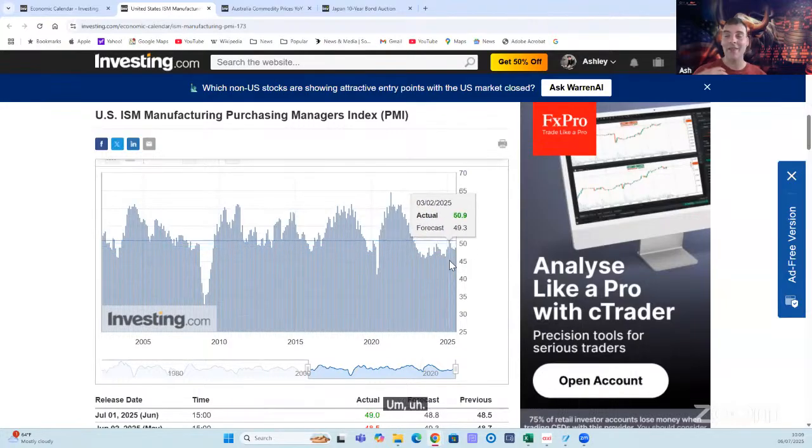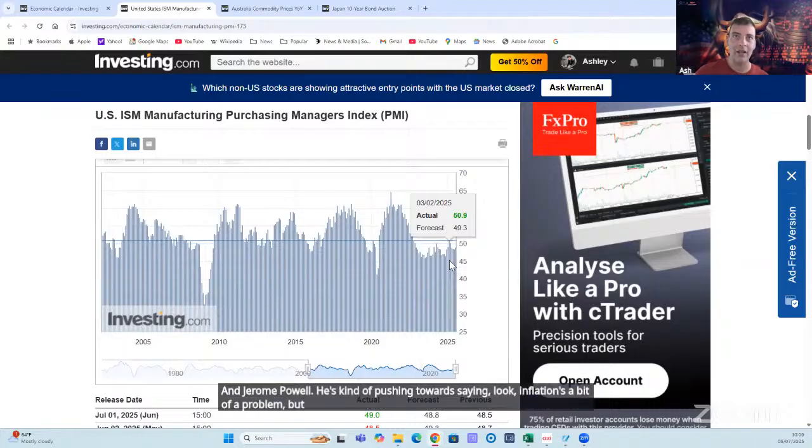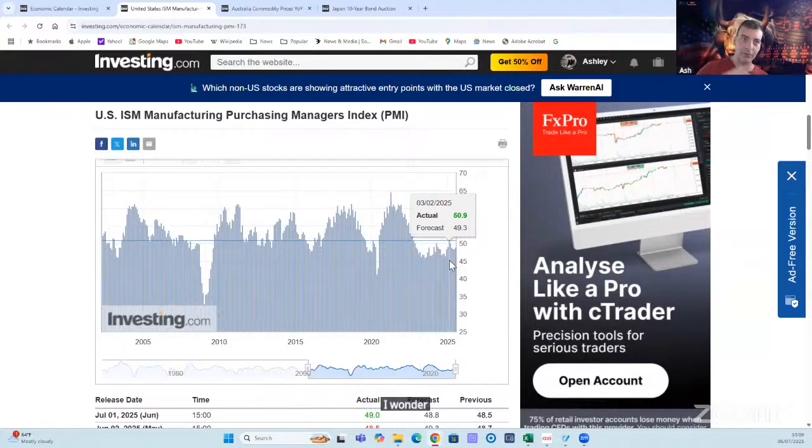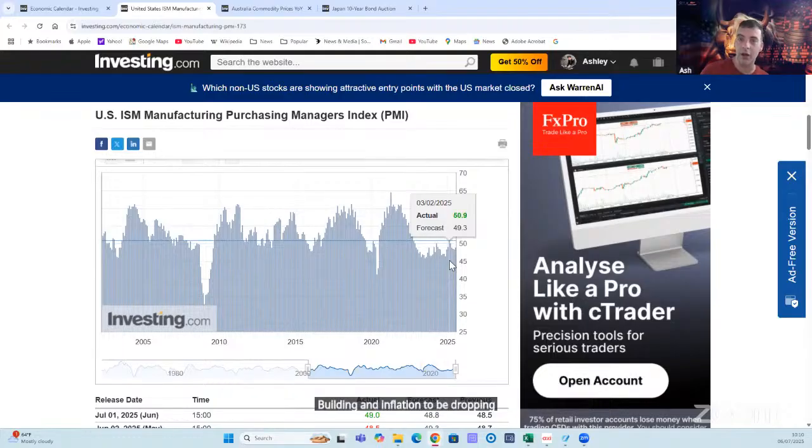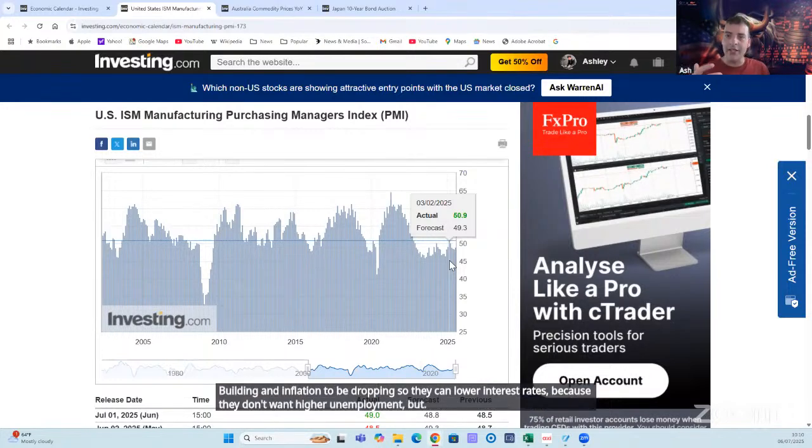So this is in contractionary territory here, and that is the big situation that's going on with the Fed and Jerome Powell. He's pushing towards saying, look, inflation's a bit of a problem, but actually, I wonder whether, because they haven't got a binary situation in America. What they want is unemployment to be building and inflation to be dropping so they can lower interest rates, because they don't want higher unemployment, but they want an easy decision to make.